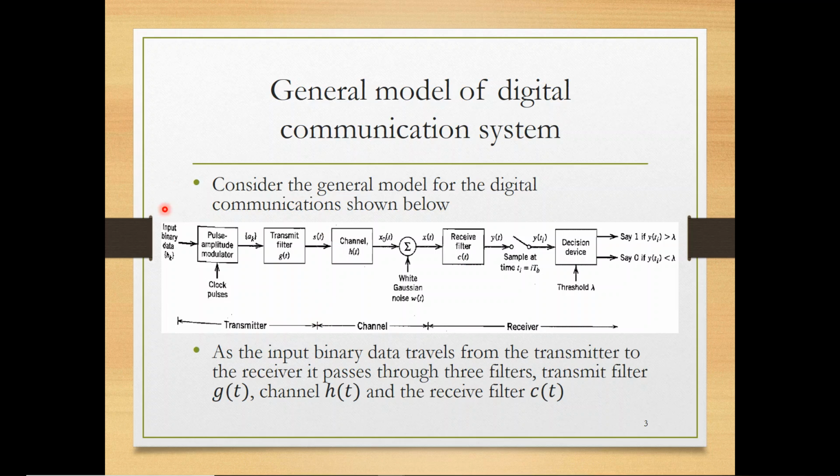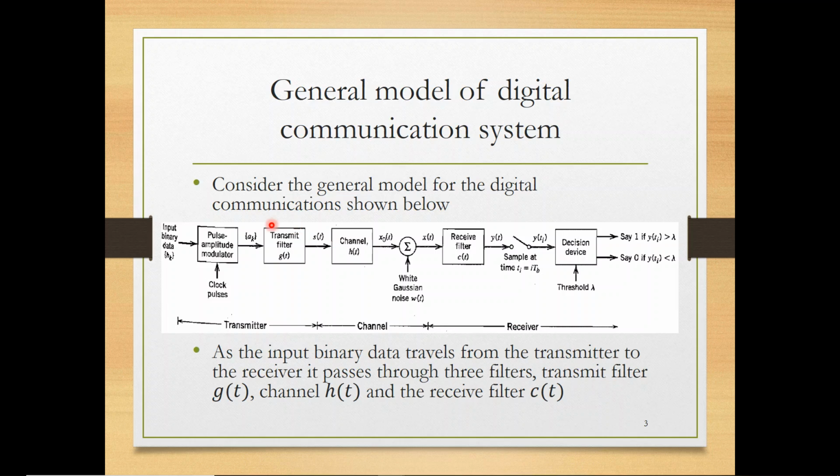So you have here the transmitter side, you have here the channel side, which is h(t) and w(t), and you have the receiver side. As the input binary data travels from the transmitter to the receiver, it passes through 3 filters.